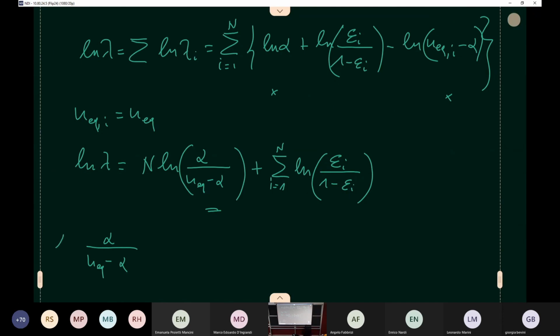Let's consider this logarithm n times, or this to the n power, it is the same, will be the logarithm of lambda over this sum.